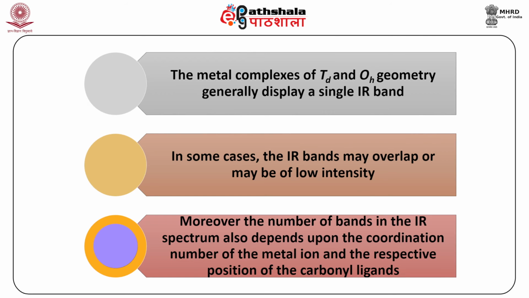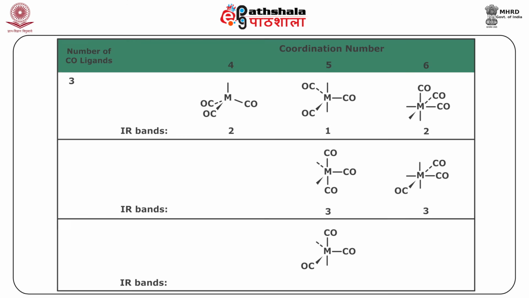Moreover, the number of bands in the IR spectrum also depends upon the coordination number of the metal ion and the respective position of the carbonyl ligand. For example, in a metal complex with coordination number 6 having three carbonyl ligands, there can be only two possible stereoisomers, namely the facial geometry and the meridional isomer.